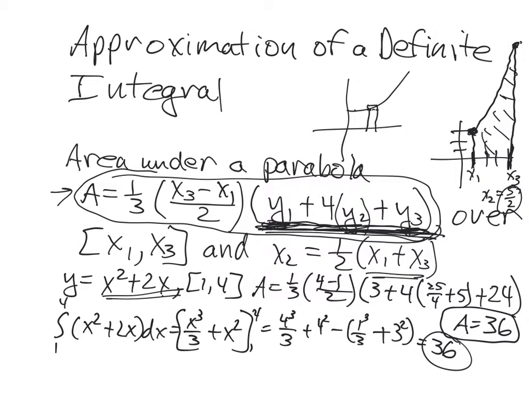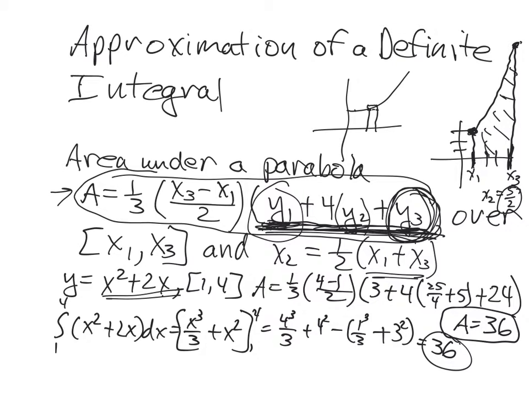And this value here will actually show up twice as we add the approximation over and over again. This will be the last value of our first partition, and this will be the first value of the second partition.